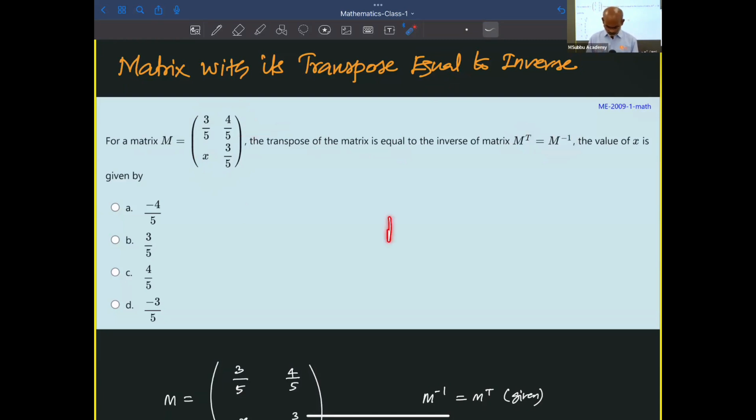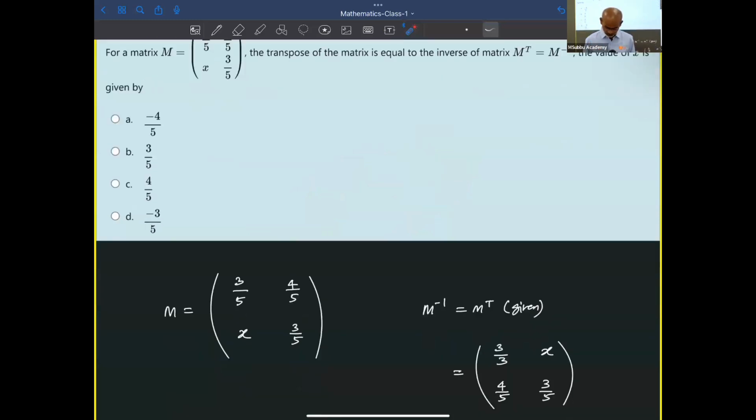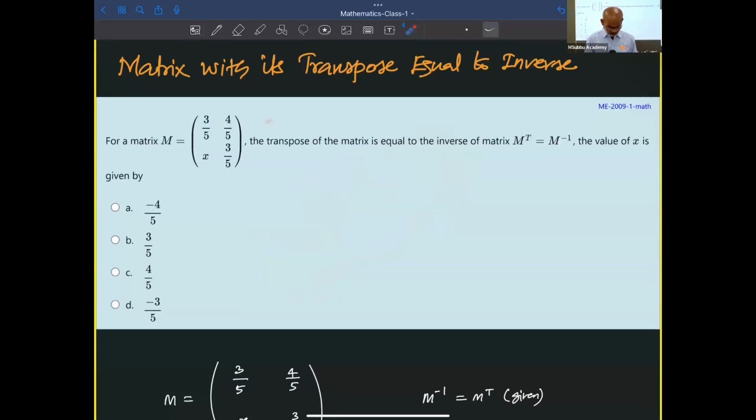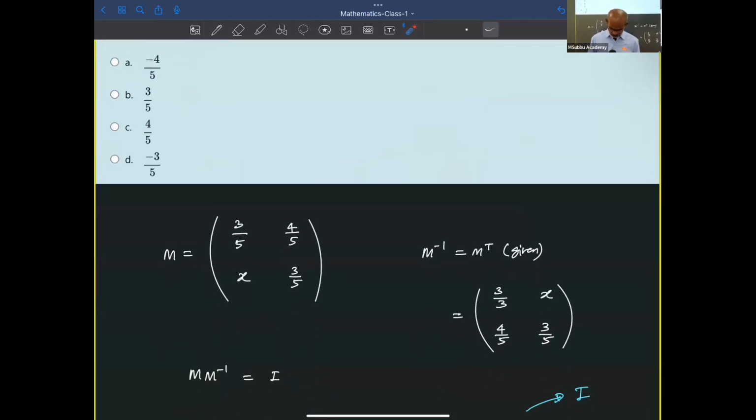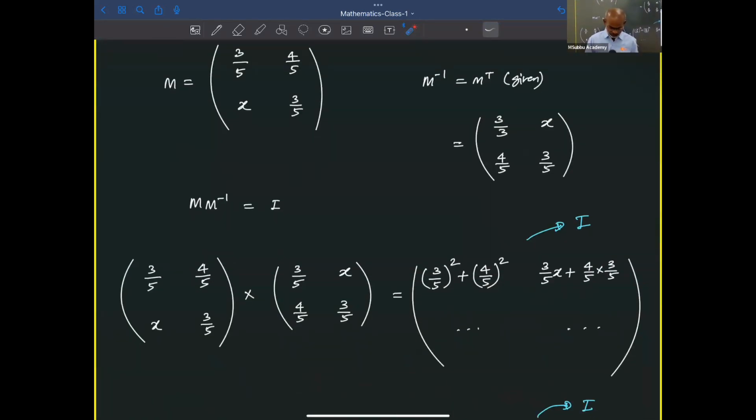We know one simple rule: M times M inverse is equal to I. Any matrix multiplied with its corresponding inverse is equal to the identity matrix. So by that multiplication we are supposed to get an identity matrix, in which there will be an entry with x. We can equate that entry to 1 and solve it.